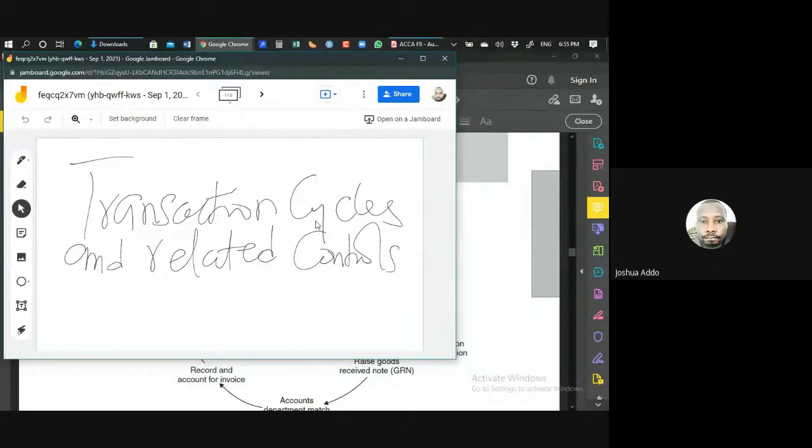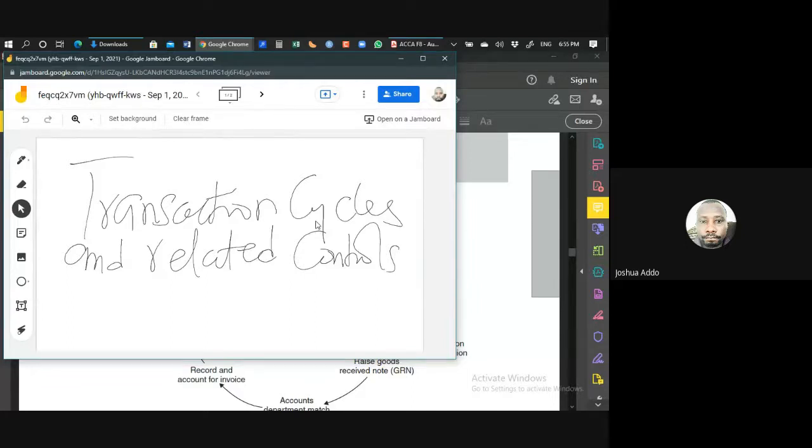I think that's okay. So the various units or departments, if you should use University of Cape Coast as a case, Department of Accounting, which is your department, when they need to buy something, they cannot just go and buy it. They will have to request what they need from the procurement department.